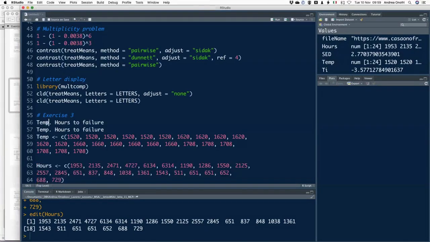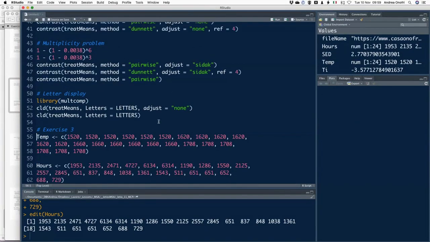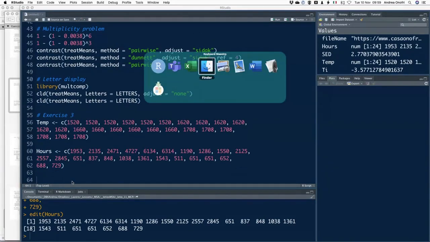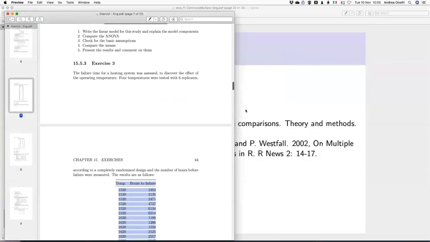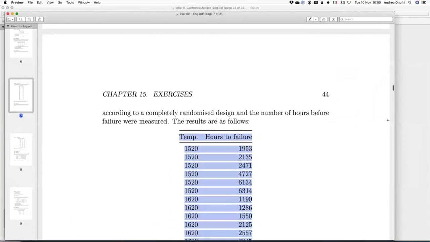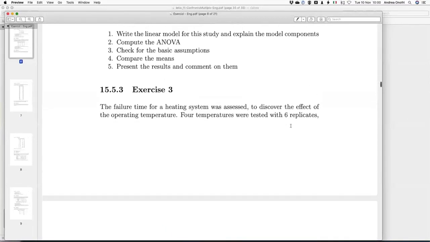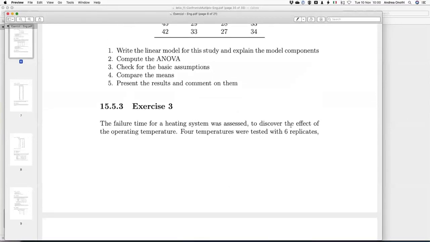So what is that? Let's look at it, let me make it bigger. The exercise is this: the failure time for a heating system was assessed to discover the effect of the operating temperature. So we made an experiment with 4 operating temperatures with a heating system.